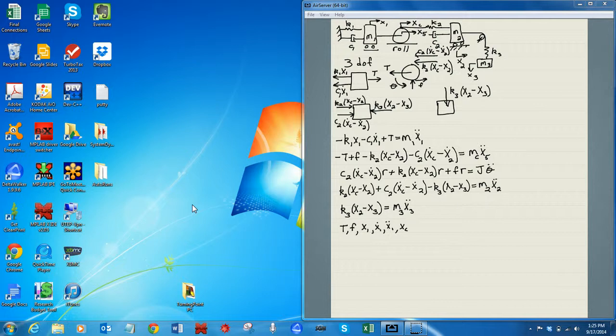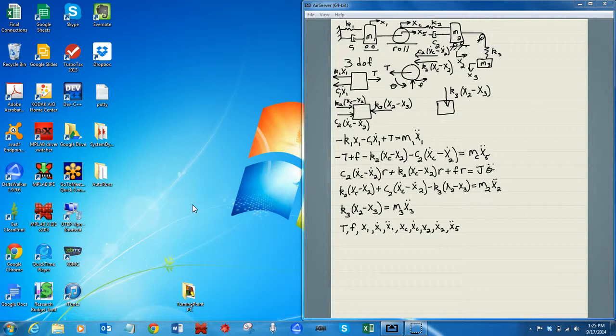I have xc dot. I have x2, x2 dot, x5, x5 double dot.